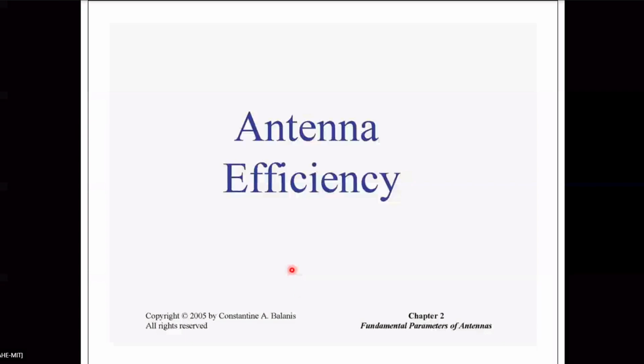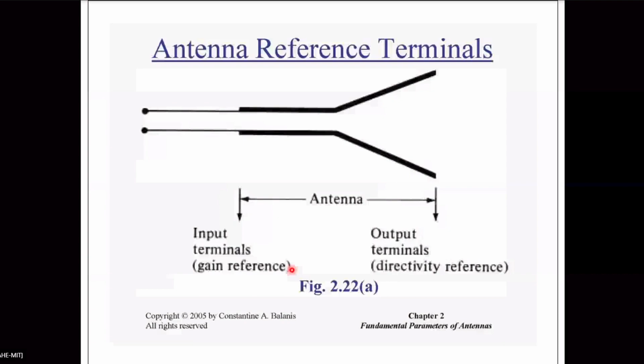See, this is the transmission line. There will be a loss here due to impedance mismatch. And within this antenna, there will be some loss, called conduction and dielectric losses. Here there will be a reflection loss. Conduction loss is basically the I squared R loss.